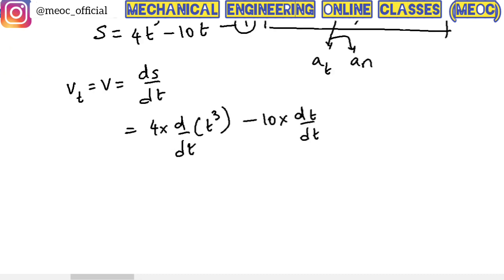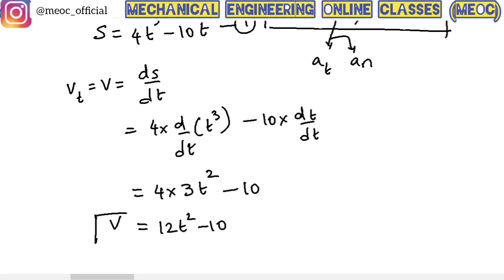So this will be equal to 4 into 3 t square minus 10, or this is 12 t square minus 10. This is the v. So we have obtained an expression for velocity in terms of time. Let this be equation number 2.